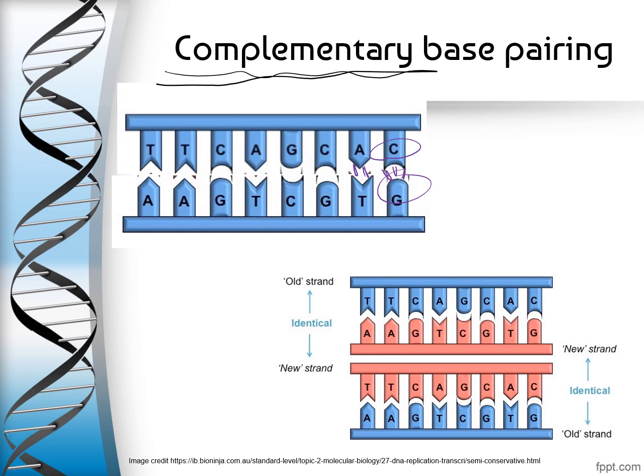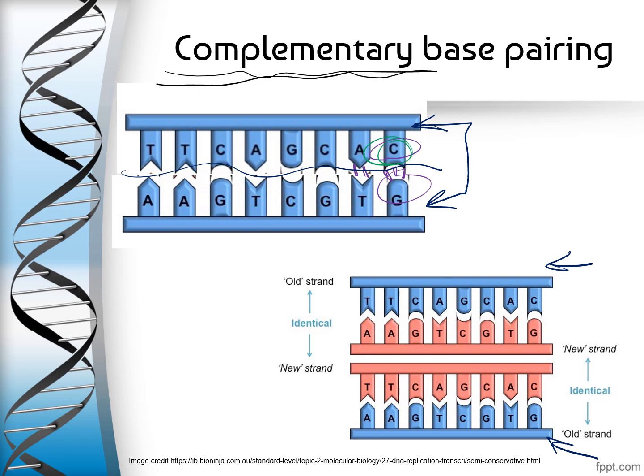When we replicate our DNA, we take advantage of this complementary base pairing. So we're going to take this original strand of DNA. We're going to separate it. Here we have those original half strands of DNA. We use complementary base pairing to add in new nucleotides.